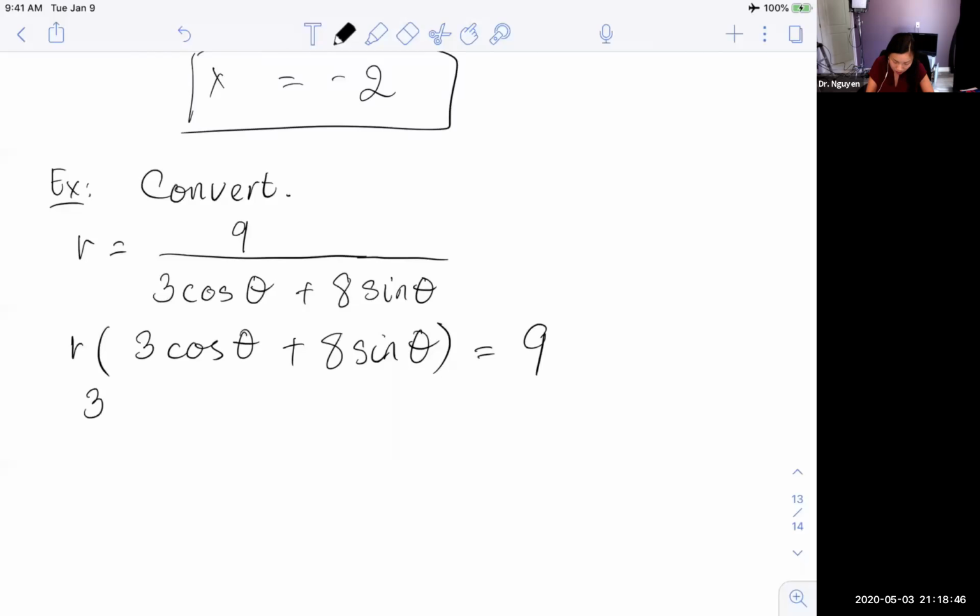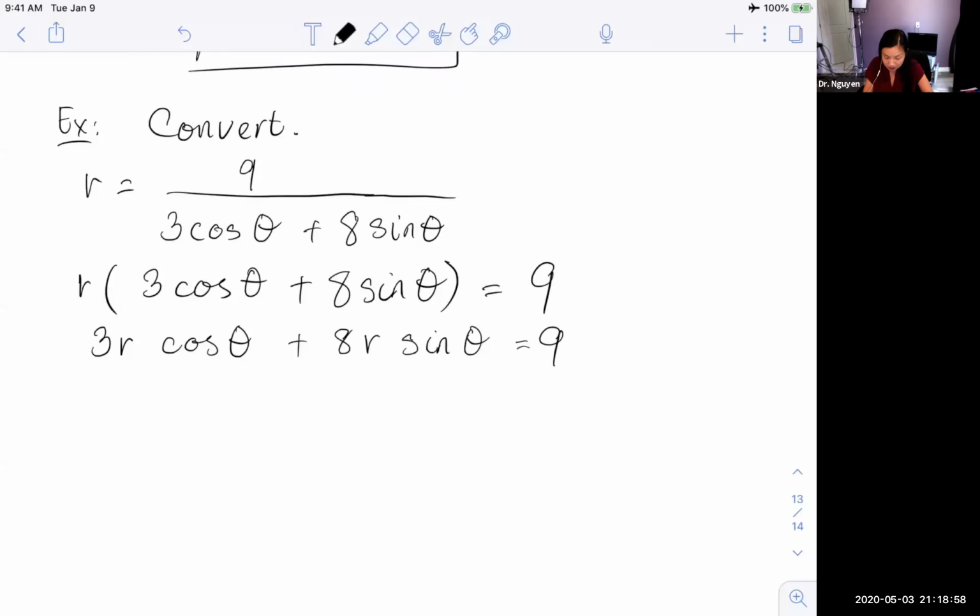So we have 3r cosine of theta plus 8r sine of theta equals 9. But we know that this one is just x and this one is y. So what we have is 3x plus 8y equals 9. And then we're done.